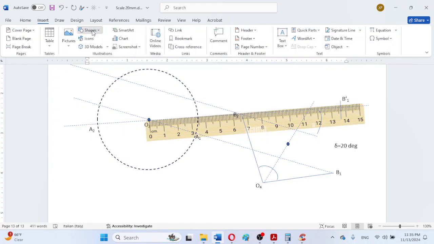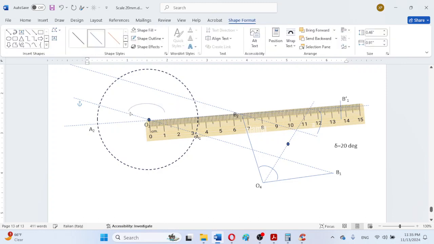So now angle alpha and beta can also be defined.